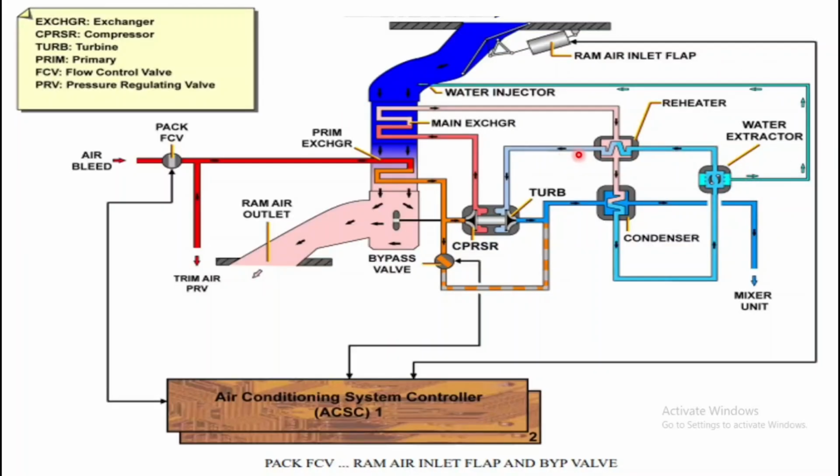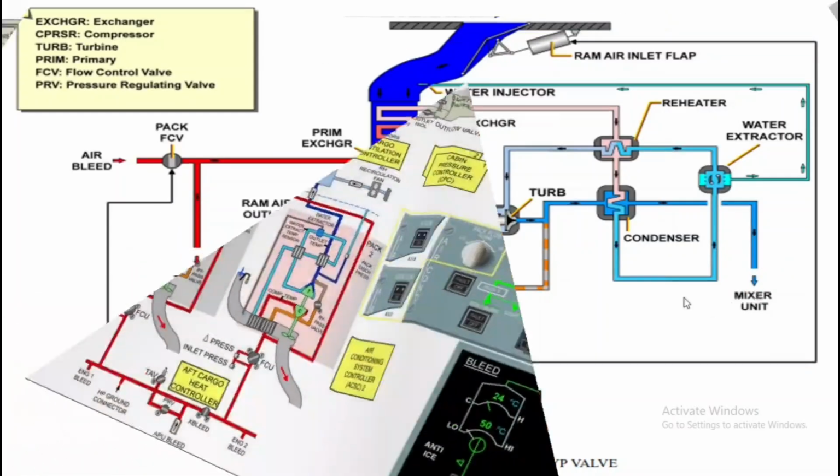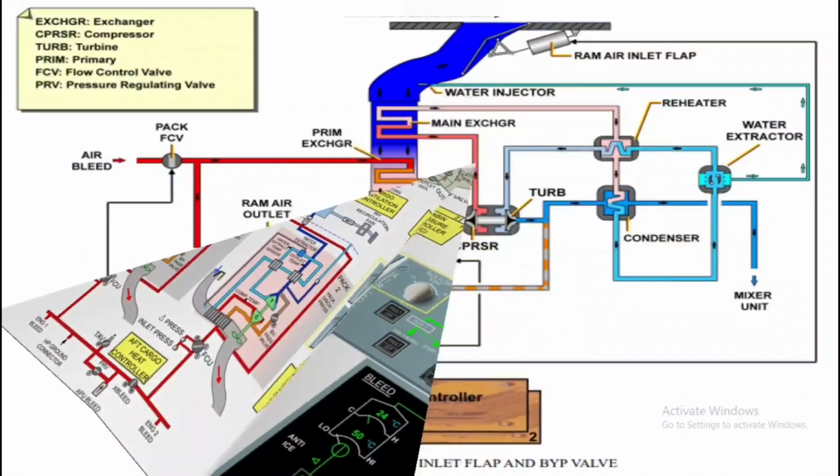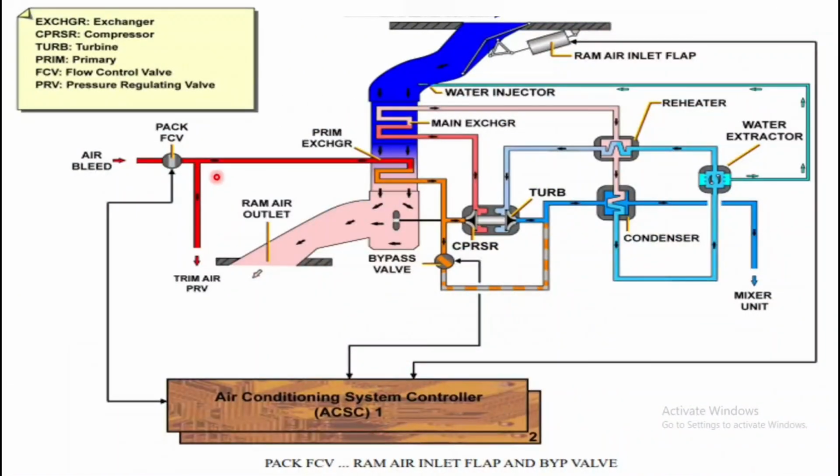Further it will go to the reheater, internal lines, go to the turbine, then the turbine will rotate the compressor, and the temperature will reduce, and it will go to the mixture unit, through the check valve to prevent depressurization of the aircraft. There will be the check valve, then it will mix in this mixer unit, what I call the mixer unit. So we'll now go through the components one by one.